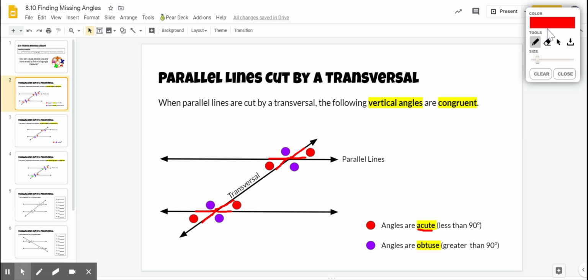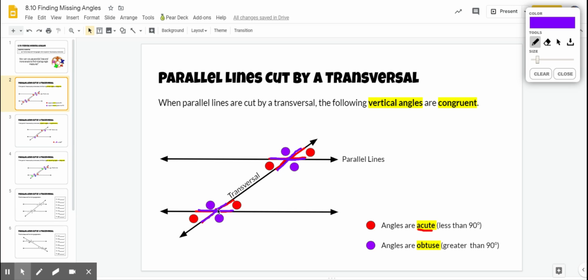Now, if you look at the purple angles that I've marked here, here is one, and you can see that this angle right here is vertical, and so these two purple angles are congruent. Same thing down here. We have a purple angle with its vertical angle, and those two purple angles are vertical and congruent.